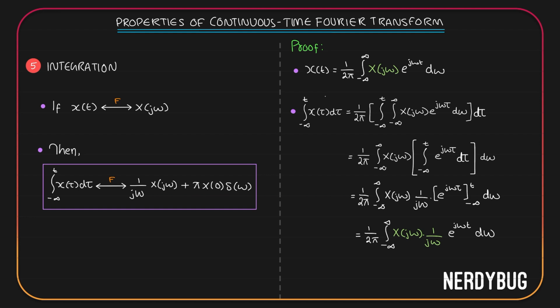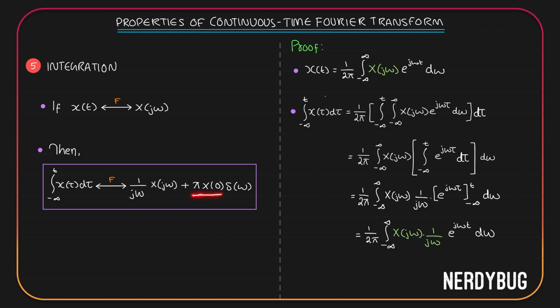That is to accommodate for the fact that when we usually take integration of something, we write the function plus a constant. So this corresponds to the Fourier transform of the function. This corresponds to the Fourier transform of the constant. The constant c is actually the DC value or the average value or the initial value of our function x of t. So to accommodate for that, we have pi x of 0 delta of omega.